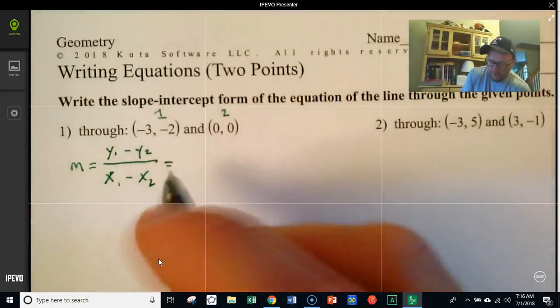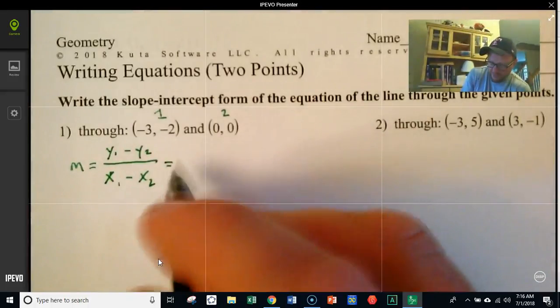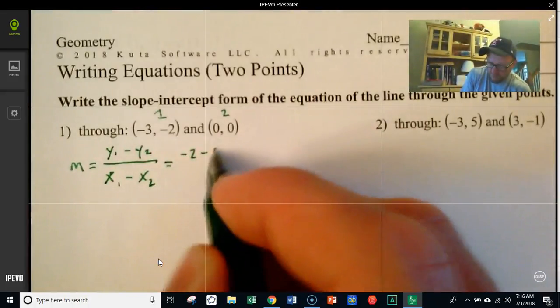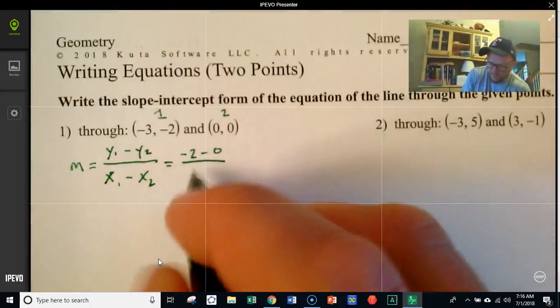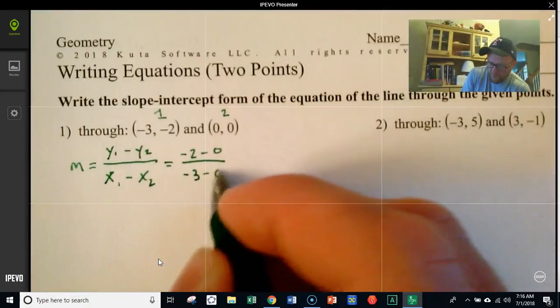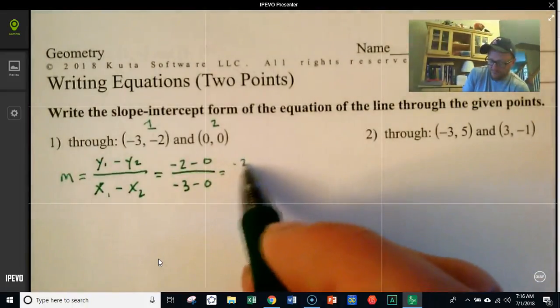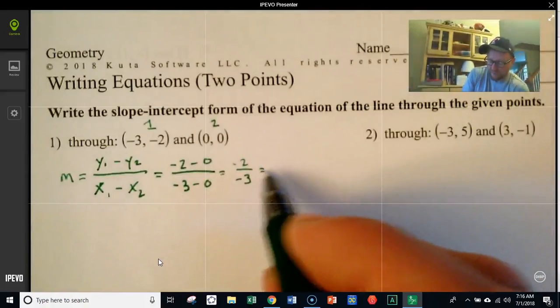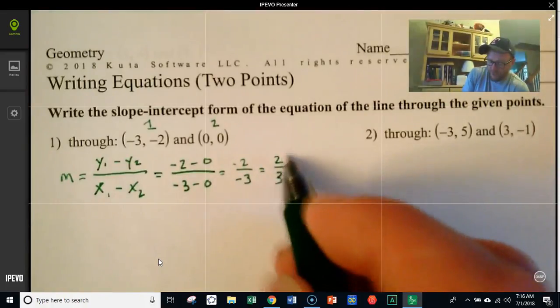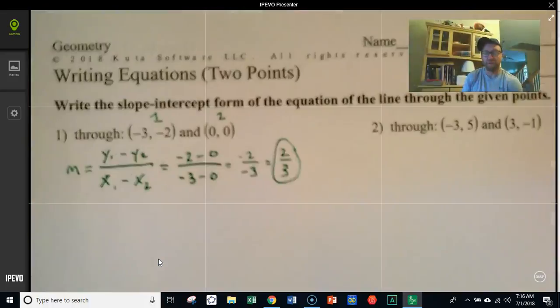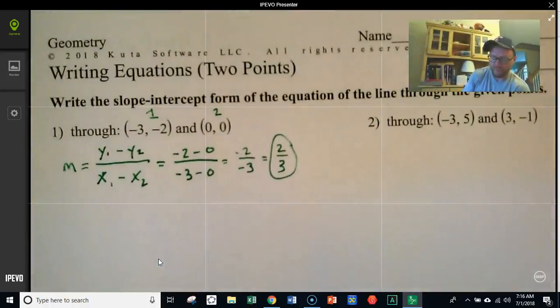So that gives us negative 2 minus 0 over negative 3 minus 0, which is negative 2 over negative 3. The two negative signs cancel each other out, and our slope is 2/3.